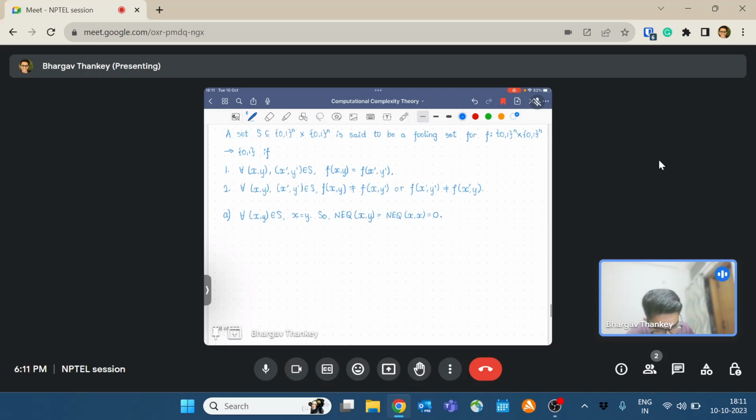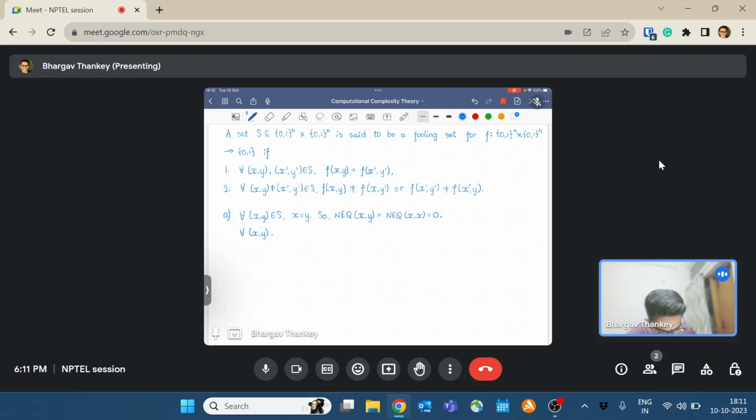And what about the second condition? Here I should mention that these are not equal.